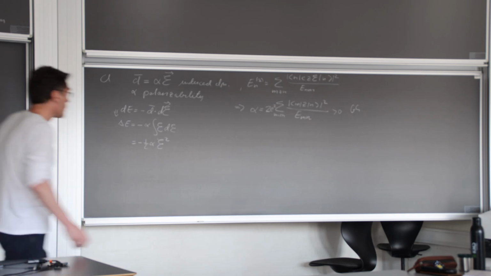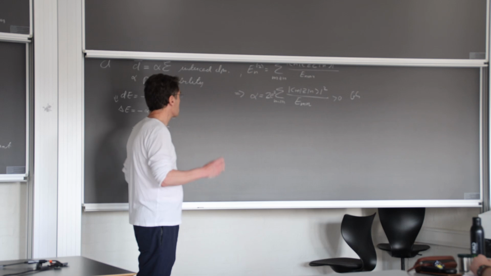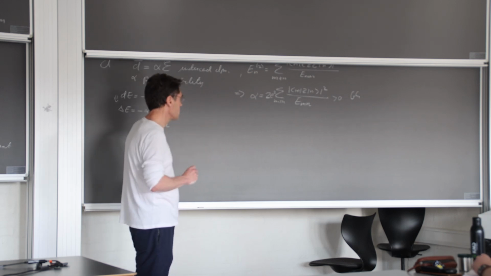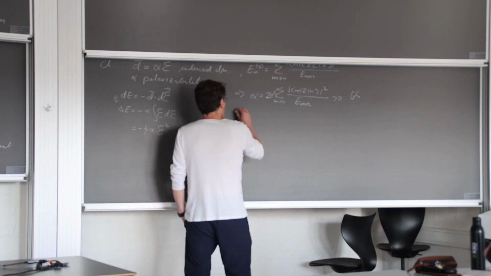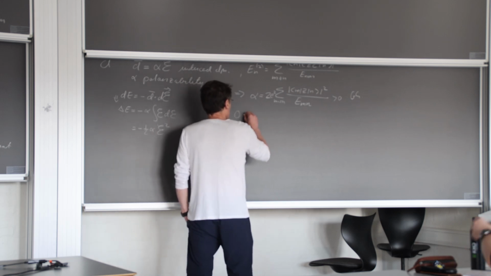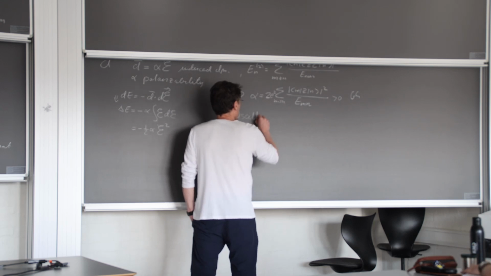So that's something we're going to look at a little more, but before we do that, I would like to rewrite this in a slightly different way, because we could introduce what's called an oscillator strength.